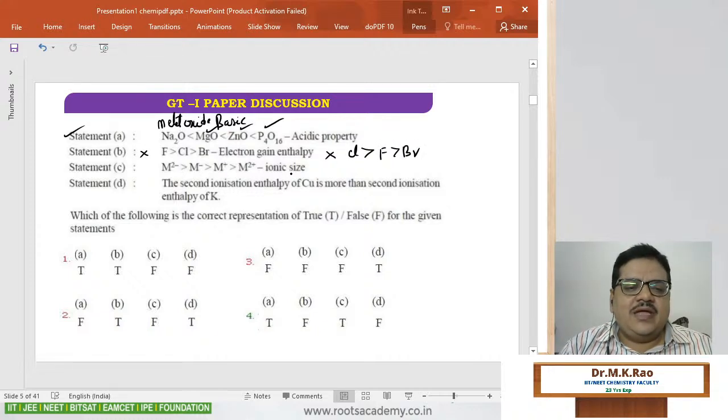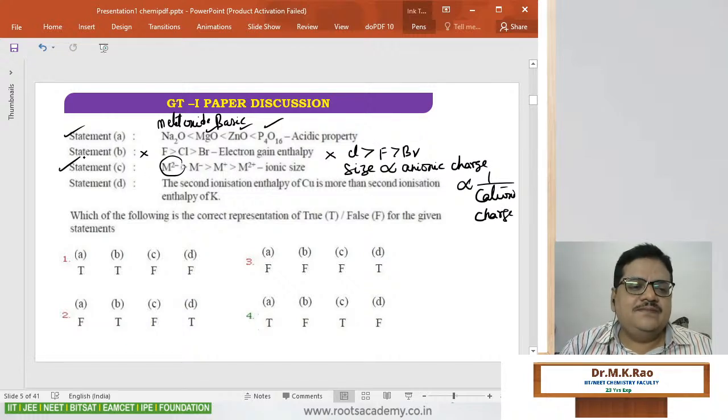Next, size. Ionic size depends upon charge. So size is directly proportional to anionic charge and inversely proportional to cationic charge. Therefore, it is correct. This is wrong. Next one: the second ionization enthalpy of copper is much more than the second ionization enthalpy of potassium.